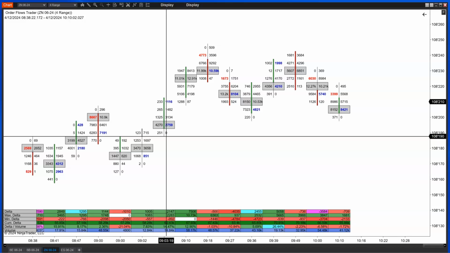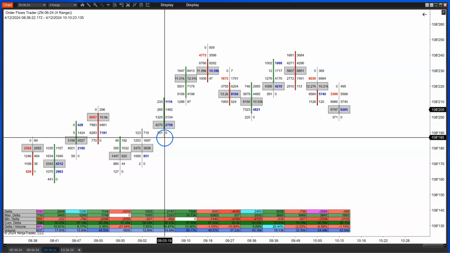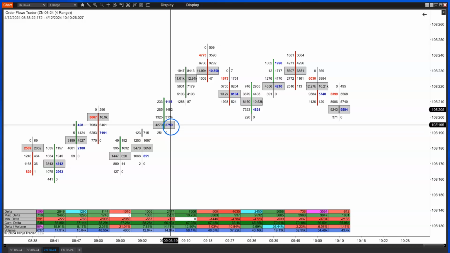So you're going to see a combination of things. You're going to see high volume buying, and you're often going to see an absorption of selling pressure. When you see a nice green bar here in the middle at 903, what do you see? You see some aggressive buying.